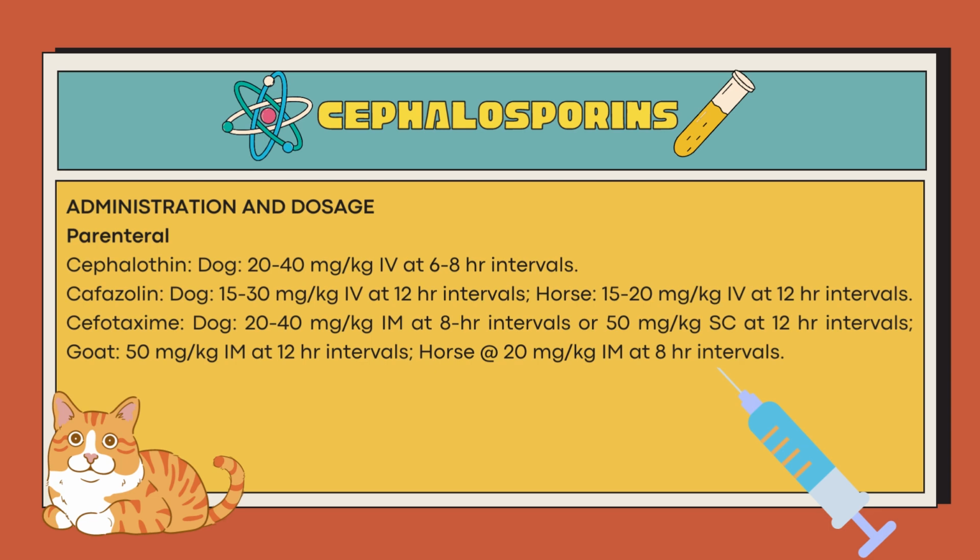While the cefotaxime for dogs is 20 to 40 mg per kilogram intramuscularly at 8-hour intervals, or 50 milligrams per kilogram subcutaneous at 12-hour intervals, and for goats, 50 milligrams per kilogram intramuscularly at 12-hour intervals, and for horses, 20 milligrams per kilogram intramuscularly at 8-hour intervals.